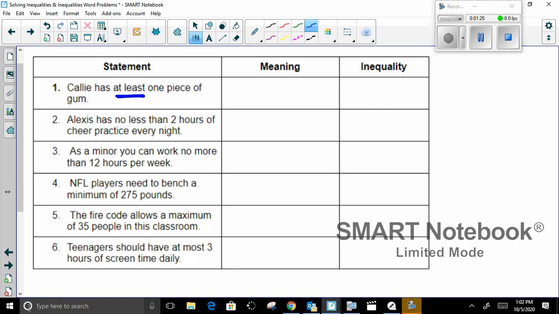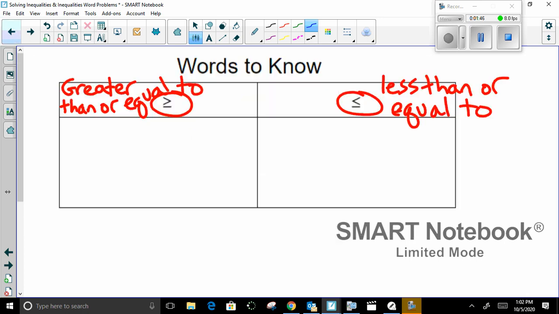If she has at least one piece of gum, that means she has one piece or more. So what symbol would that be? That would be the greater than or equal to. So x is greater than or equal to 1. So the word at least falls under a greater than or equal to.